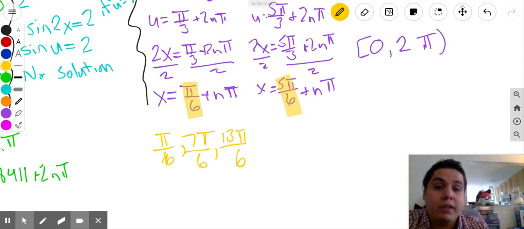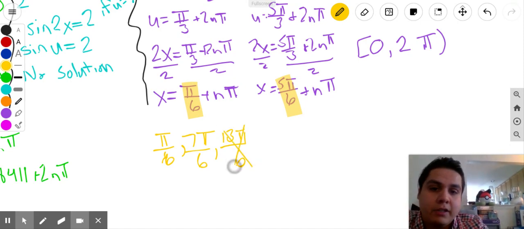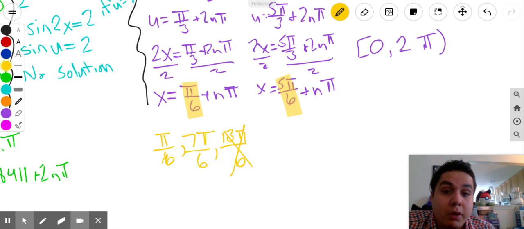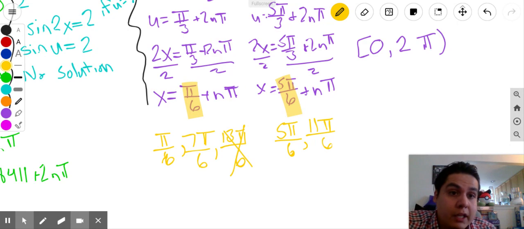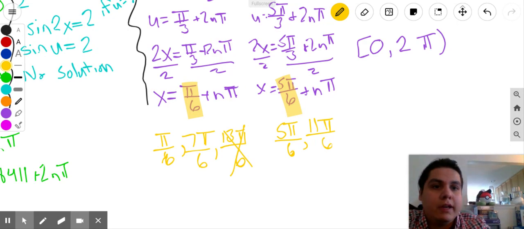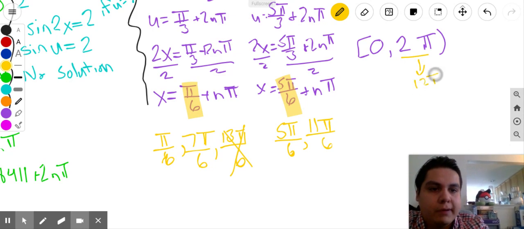That does not fall within the interval that I was asked to use, so that wouldn't count. Same with the 5 pi over 6. 5 pi over 6 would be one possible solution if n is equal to 0. If n is equal to 1, then I could get 11 pi over 6. That falls within the interval of 0 to 2 pi because I can think about 2 pi as 12 pi over 6.